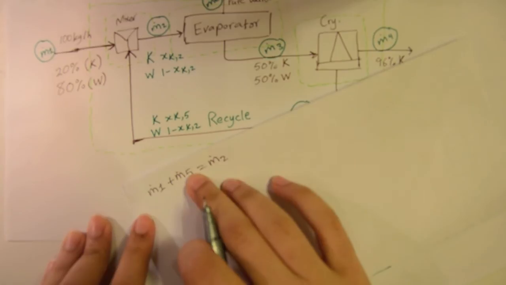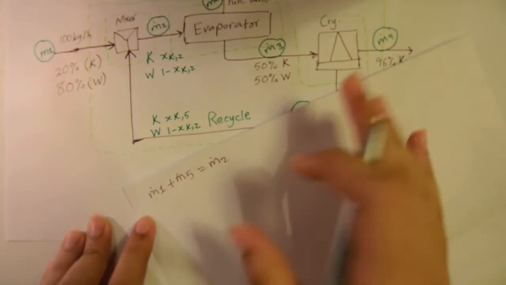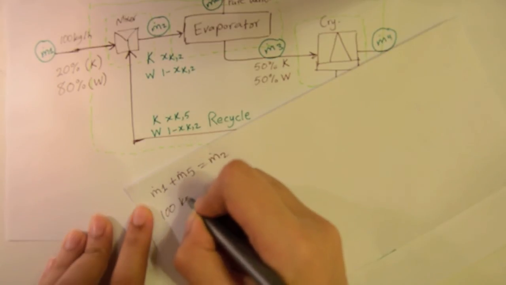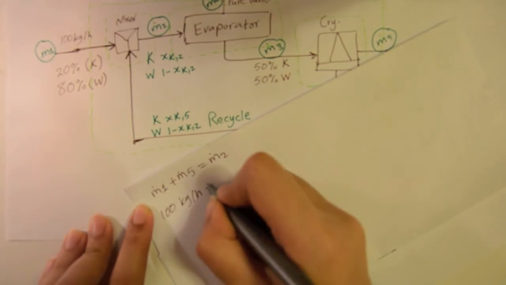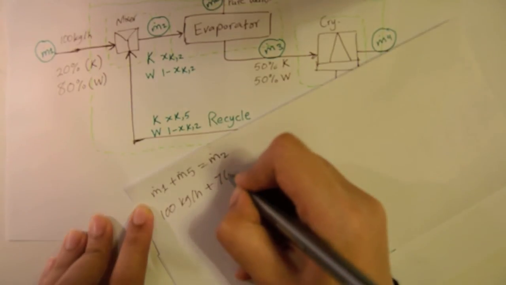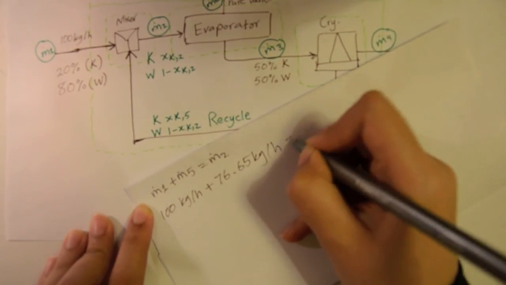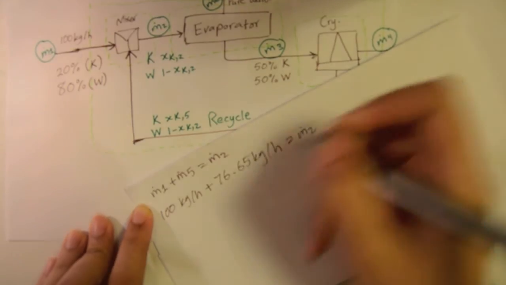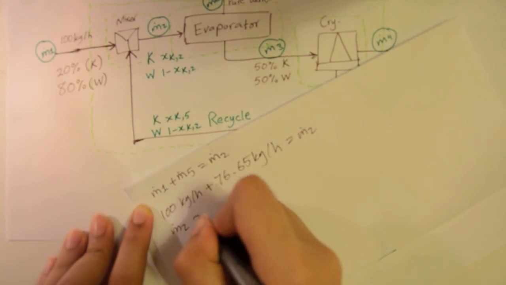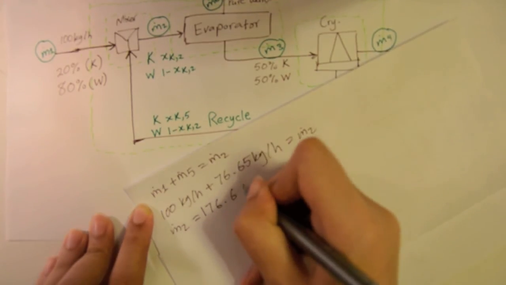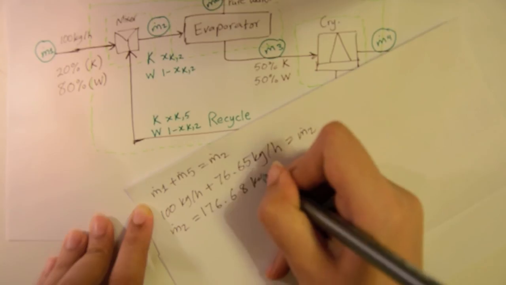So M1 and M5 are knowns. So M1 is equal to 100 kilogram per hour plus M5, which is 76.65 kilogram per hour. We can easily find M2 now, which is equal to 176.68 kilogram per hour.